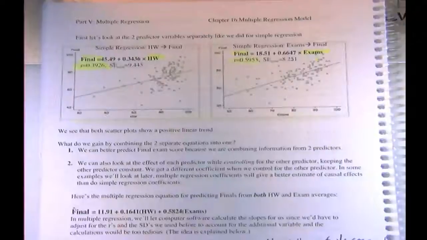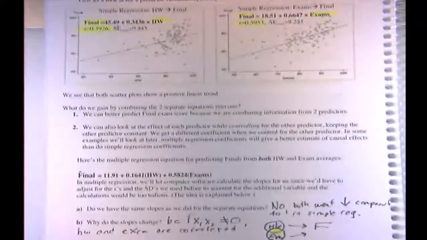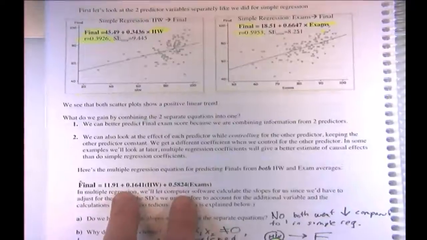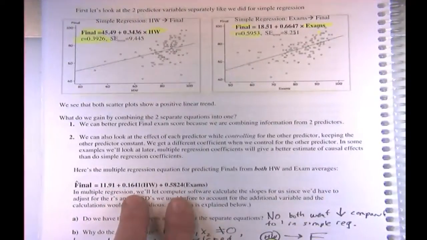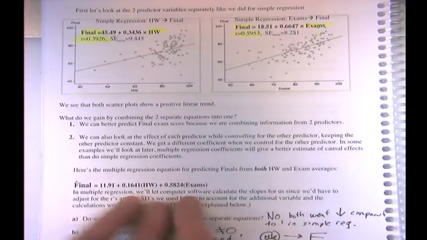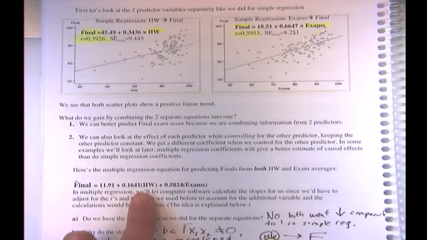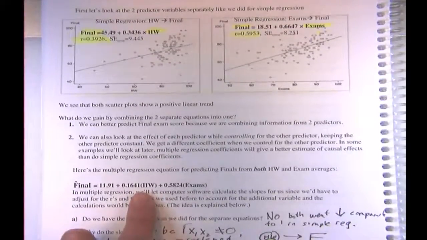So when we separate them out, these slopes are called partial slopes. After you partial out, remove the part that's due to the correlation between homework and exams, that they're predicting the same thing. Part of them are predicting the same thing.